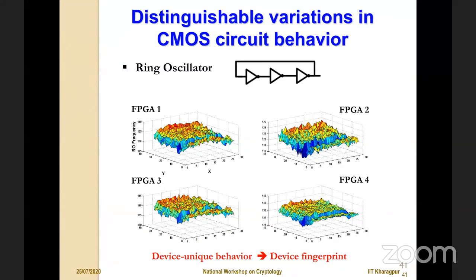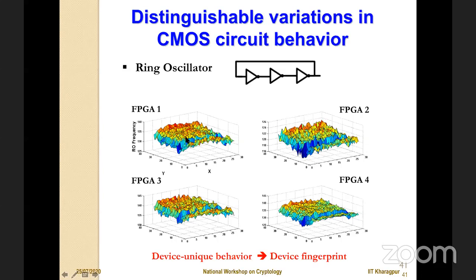Here is an example. We take a ring oscillator. A ring oscillator is a very popular electronic circuit, which typically has an odd number of inverters connected in a feedback. The idea is that it creates an oscillation frequency. If you take the same design and implement it in an FPGA, here I show 4 FPGAs, you can see that the frequency you derive is not constant.